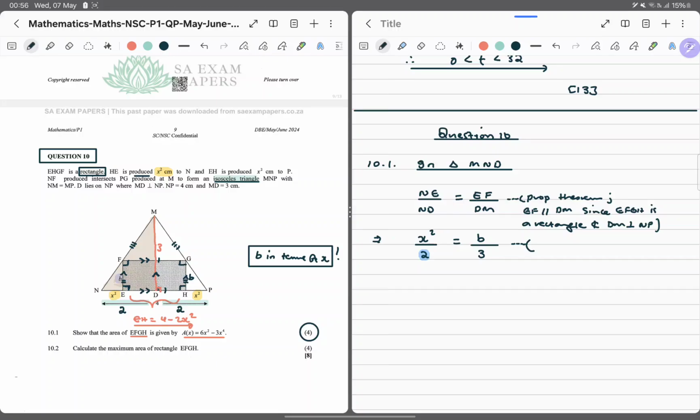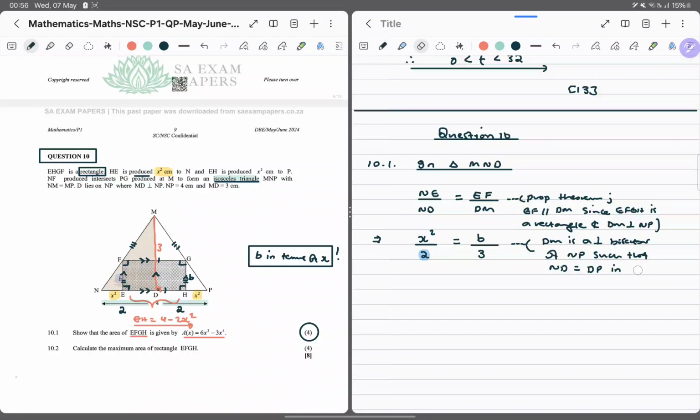We can say DM is a perpendicular bisector of NP such that ND is equal to DP in isosceles triangle.